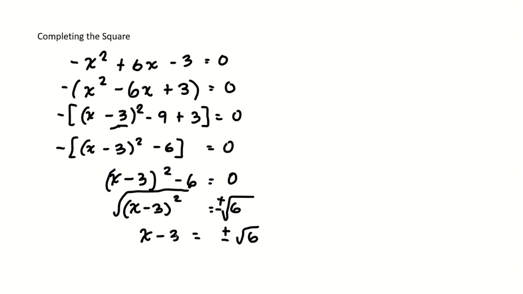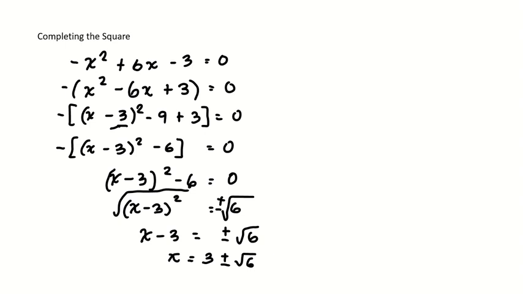So negative 3 plus 3 is 0, so what's left here is x. We also add 3 on the right side, so we have 3 plus minus the square root of 6. So we have two answers here. One is x equals 3 plus square root of 6, and another is 3 minus square root of 6.